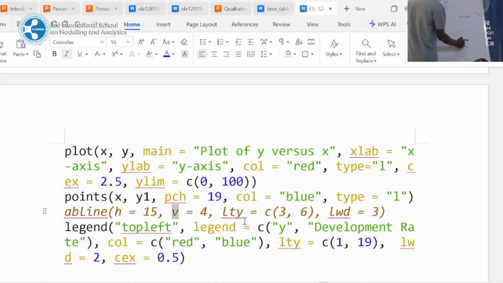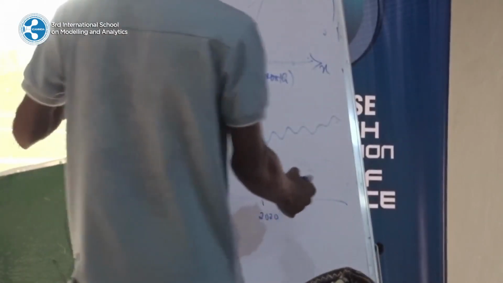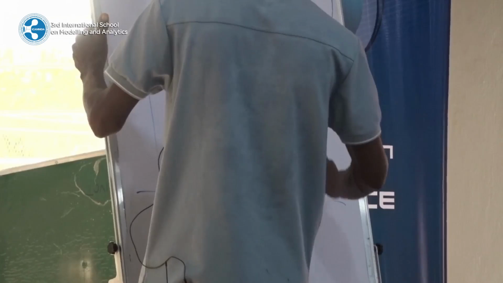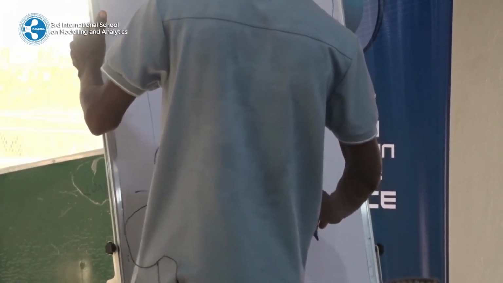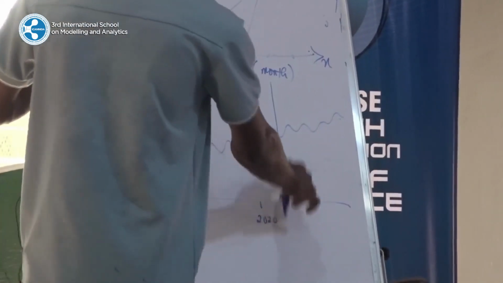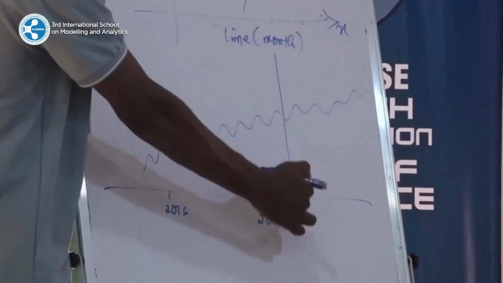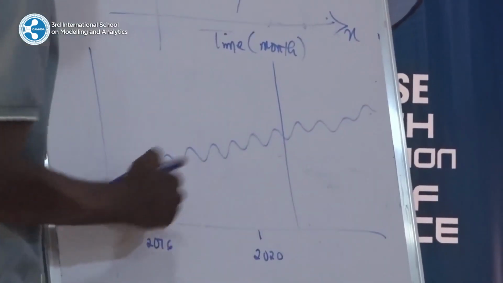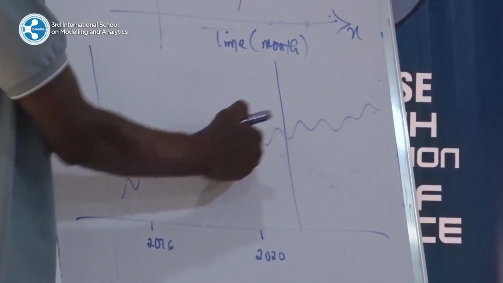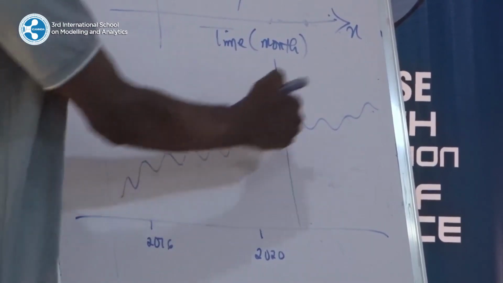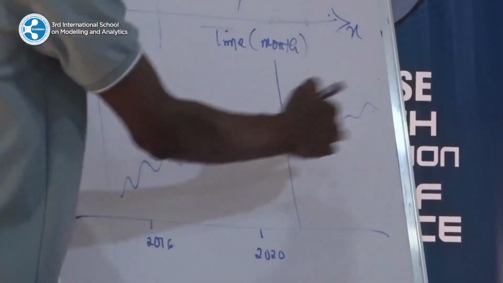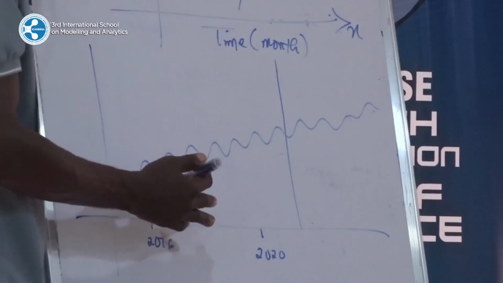This is what you are able to fit with your model. But now you want to predict from 2021 to 2025. So you have something like this, for instance. Are we there? So you have a vertical line, saying that from here to here is my model fitting. What I'm having after here is the prediction. Are you getting it now?